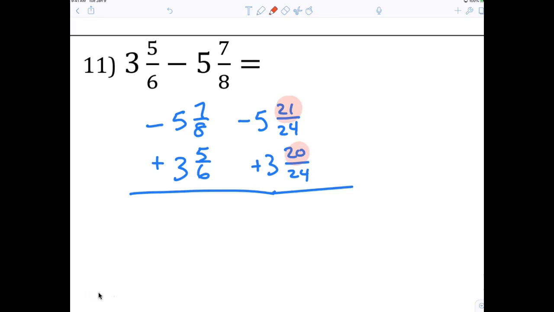Now, how do I know I'm subtracting? Because I have a positive and a what? Negative. When you have a positive and a negative, we do what? Subtract. So now I end up with 1 over 24. And then 5 minus 3 is 2. But now I double check, so I know the answer had to be what? Negative. Now listen, that was a tricky one, so if you're not sure, speak up.